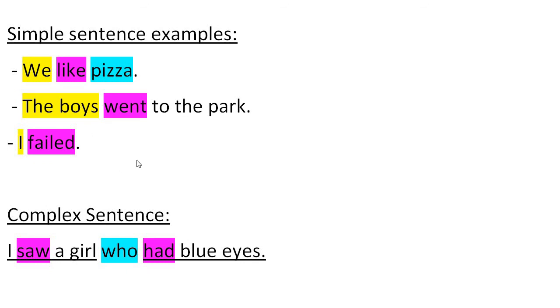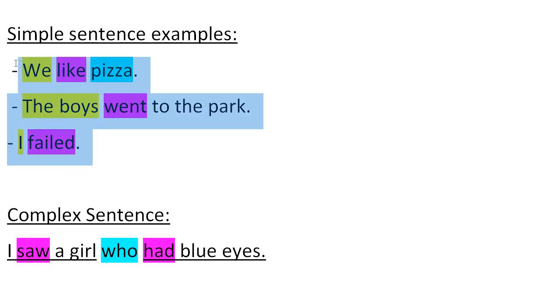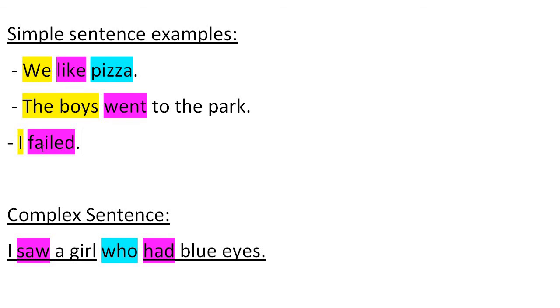Right, so just to review, your simple sentences are complete thoughts made up of only one clause, and it has to be an independent clause, a clause that works on its own. "We like pizza," "the boys went to the park," "I failed." One subject, one verb. Okay, doesn't have to have an object. Right, then a complex sentence is made up of two clauses and usually a conjunction either at the front or in between the two clauses.